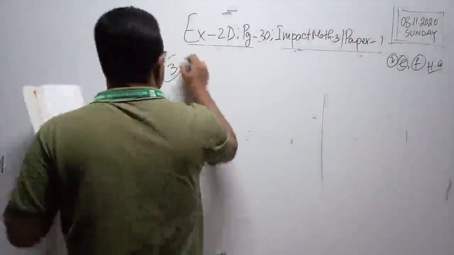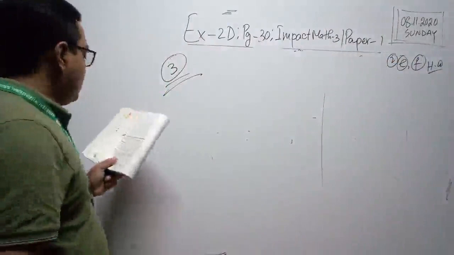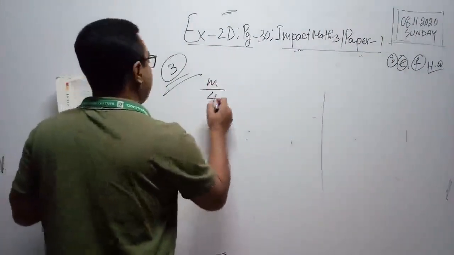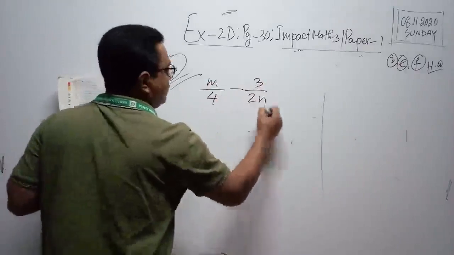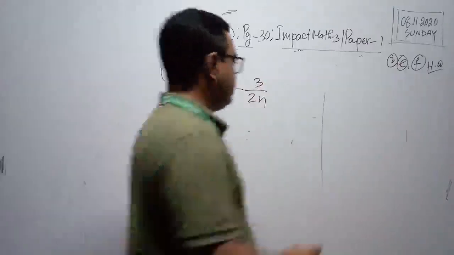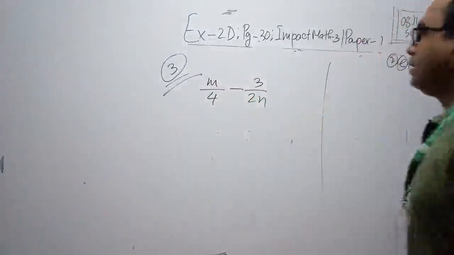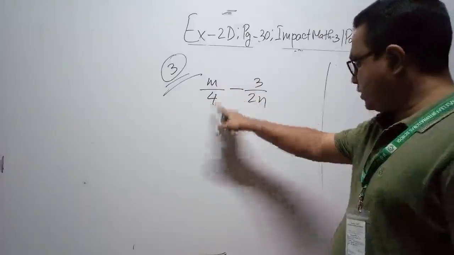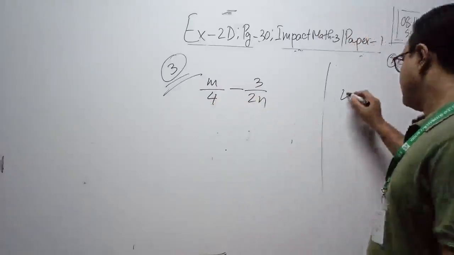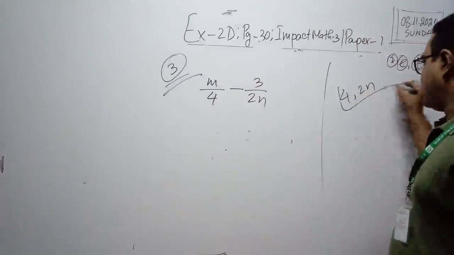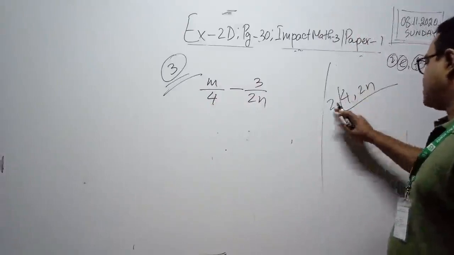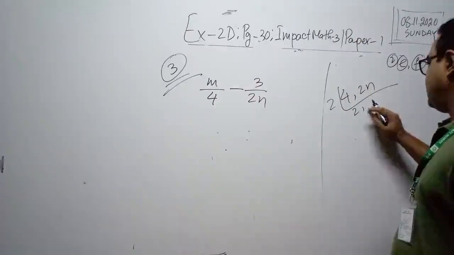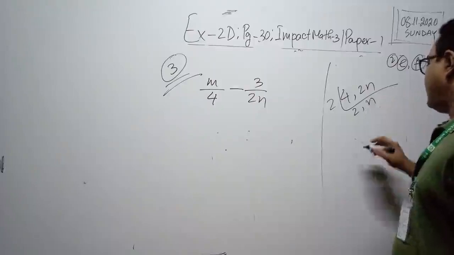Number 3, here m divided by 4 minus 3 by 2n. Here the denominator is 4 for the first term and 2n for the second term. So 4 and 2n. LCM: first common is 2. 4 divided by 2 is 2, 2n divided by 2, what do we have? n.